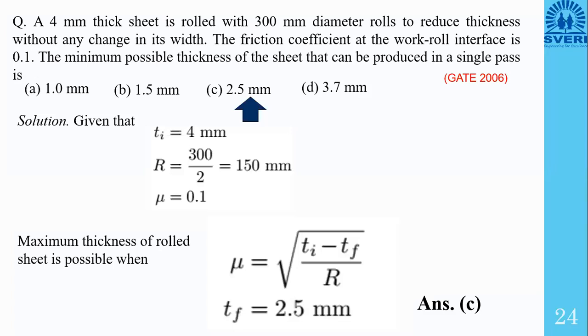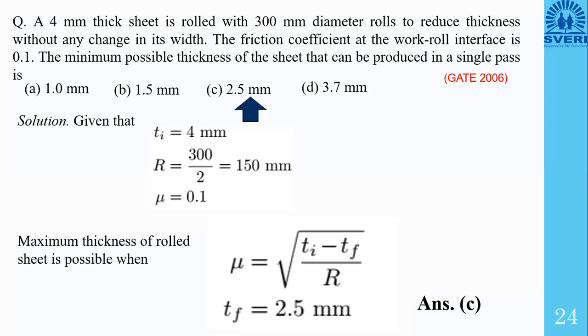These are very simple examples. They are not that difficult, but we have to give a little bit of concentration. Remember these 3-4 simple formulas: the coefficient of friction mu formula, the theta formula, the L formula, that is the strip length, and the theta contact angle formula.